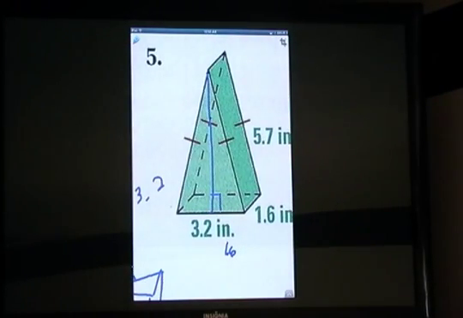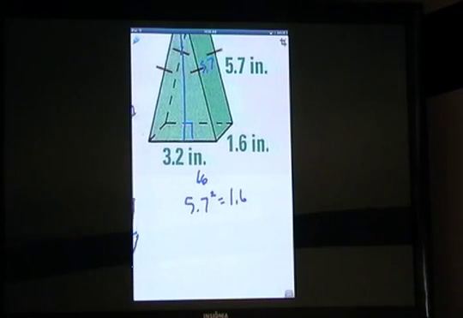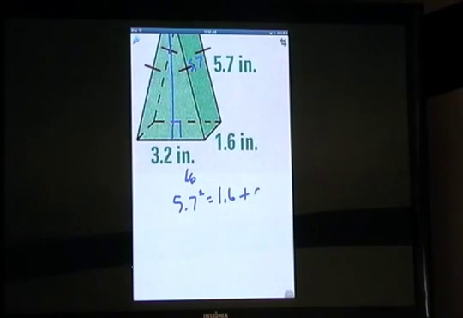And then we know that this length is 5.7, so we can use the Pythagorean theorem. 5.7 squared equals 1.6 squared plus the altitude squared. 5.7 squared minus 1.6 squared equals 29.93, and we're going to take the square root of that. And we get 5.47.